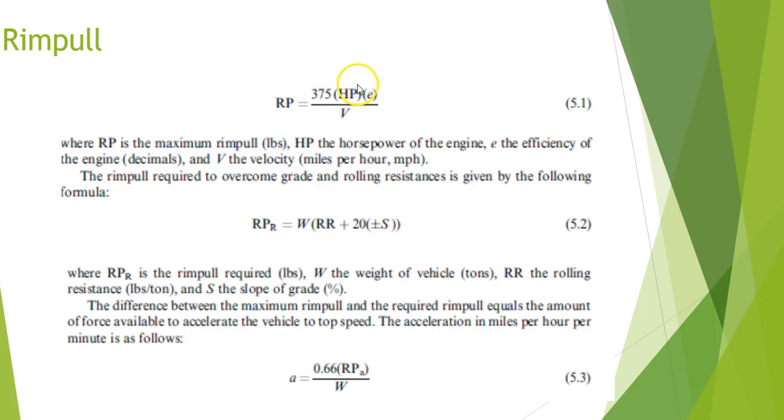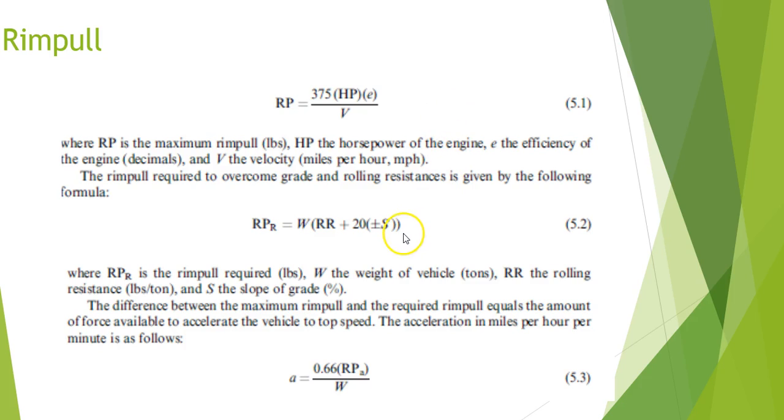HP, which is the horsepower, and E, or small e, which is the efficiency of the engine. Engines aren't 100% efficient, and you have to account for that. And V is velocity in miles per hour.